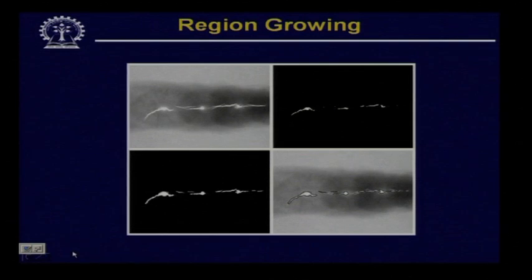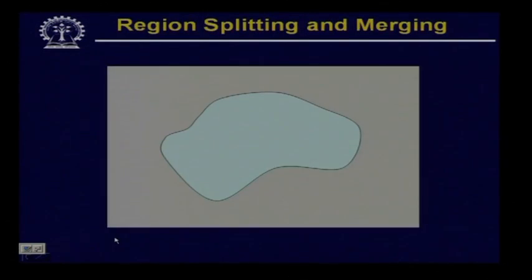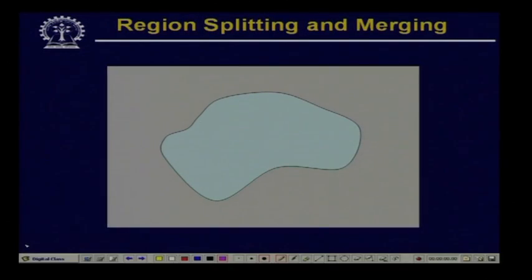Now, let us see this with the help of an example. Say I have an image of this form. When you come to this original image, you find that I have this background, and on this background I have this object region. This is obviously non-uniform. So, I partition it into 4 quadrants.